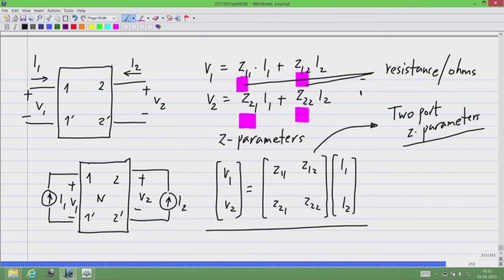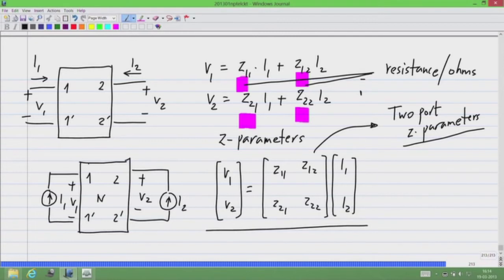The use of Z parameters is similar to the use of other parameters. When you have a two port, that is, when you have a circuit with some input and some output, you can treat those two as two ports. You have a complicated circuit inside. You don't want to worry about the details of the circuit. You just want to describe the relationship between the input voltage and current and the output voltage and current. Okay. This can be done in many ways, and Z parameters are one of the ways of doing that.